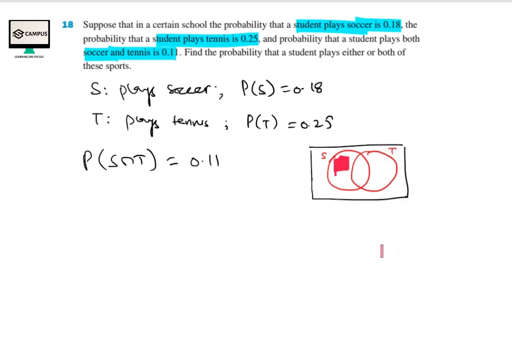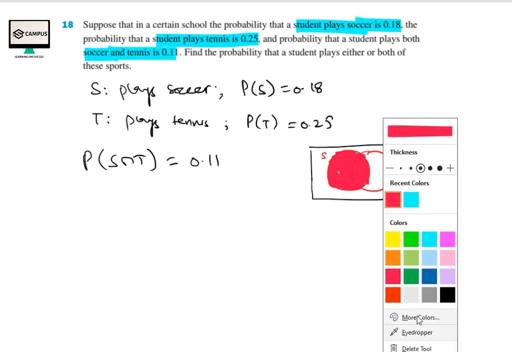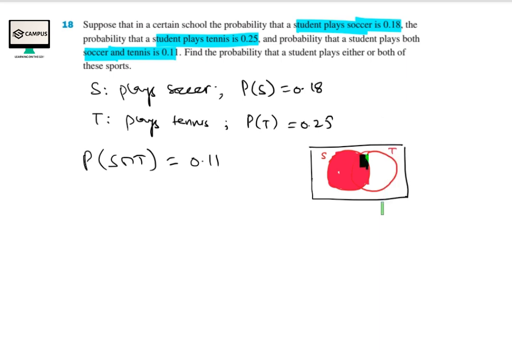All right. So let's say this is my event S, and this is event T. Right. So the overlapping region, you see this black region over here, this is basically the probability of S intersection T, right?